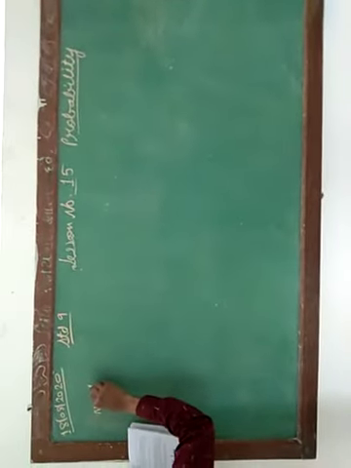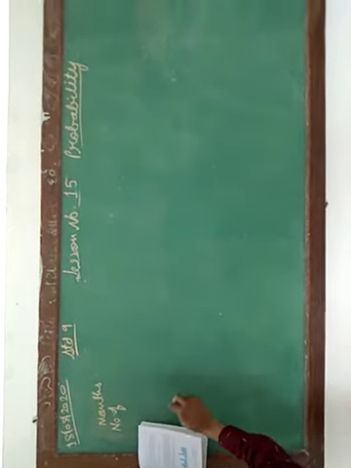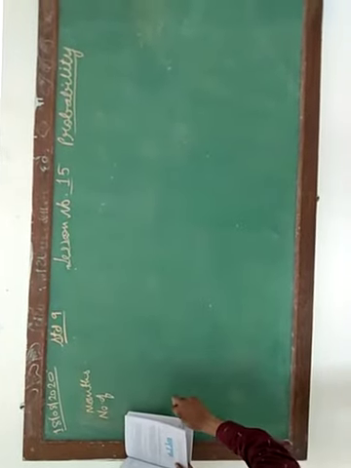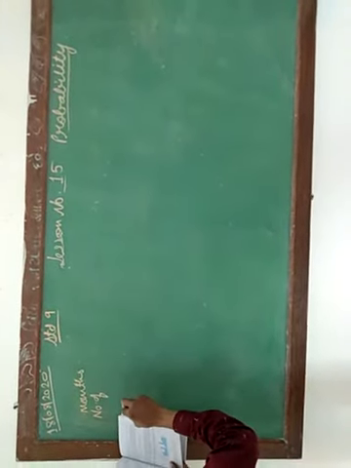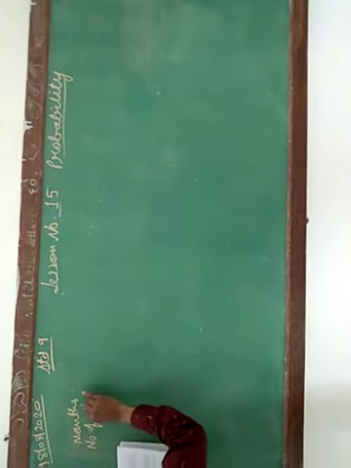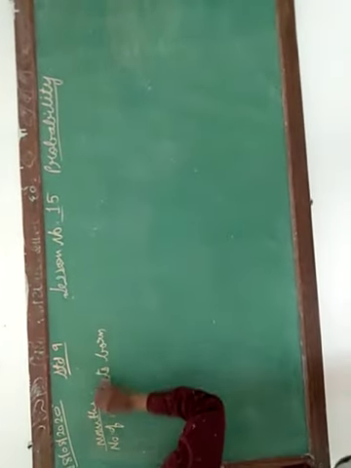So I am writing the details of this question on the board and I will explain this probability. First of all, the months are given, and the number of students born.